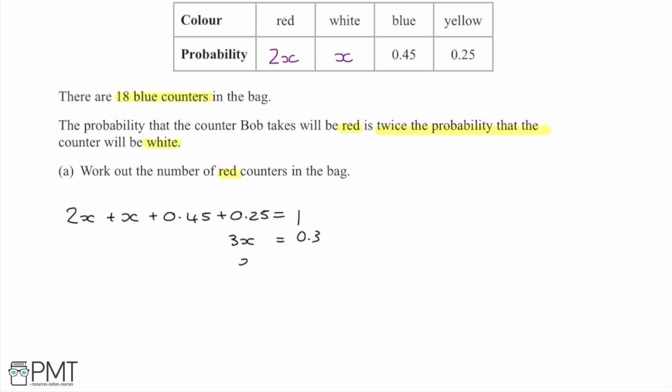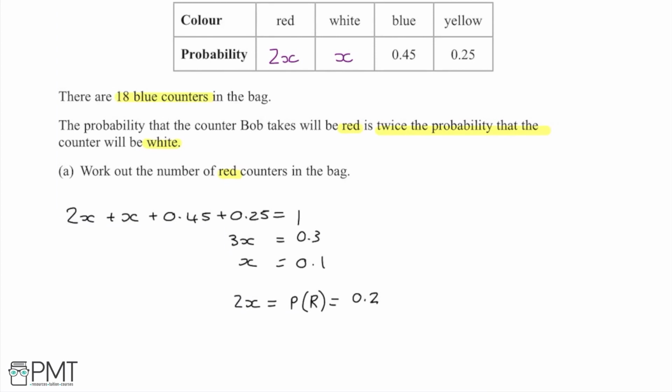So we now know that x is 0.3 divided by 3, so 0.1. And the probability of the counter being red is 2x, so the probability of the counter being red is equal to 2 times 0.1, so 0.2. So we now have the probability that the counter is red.